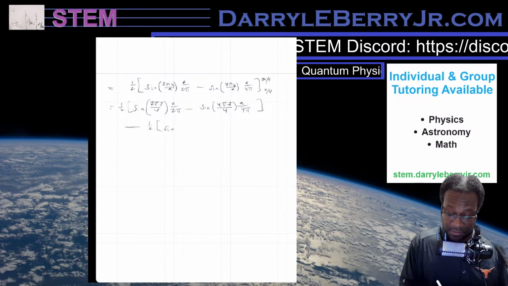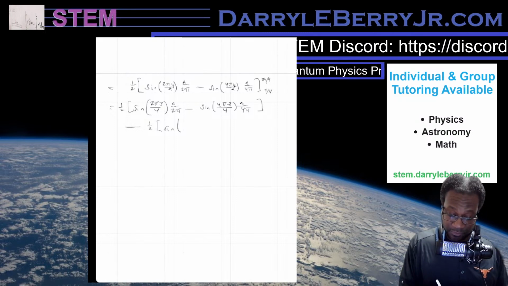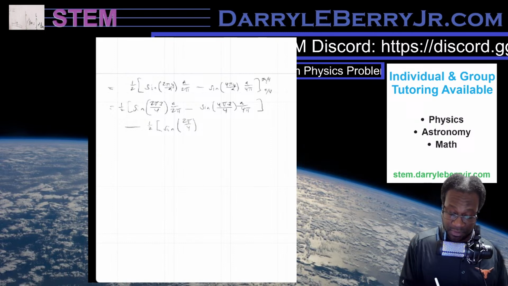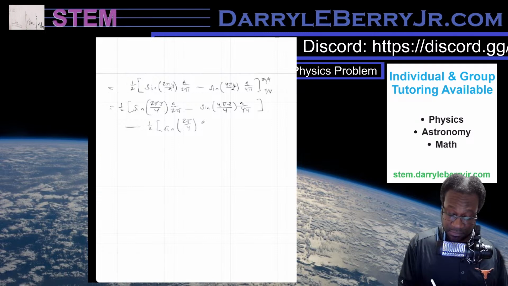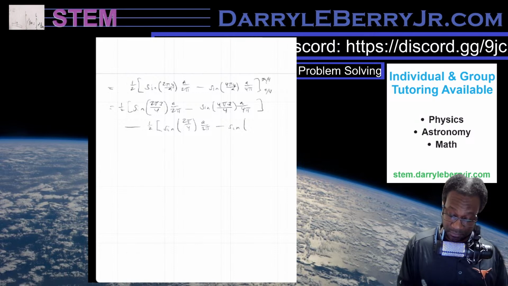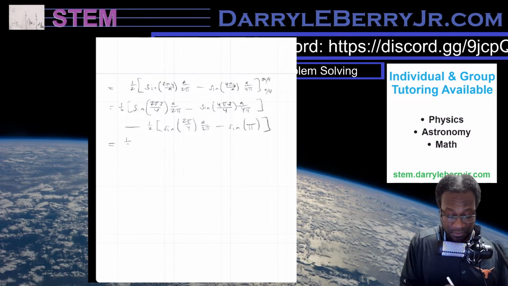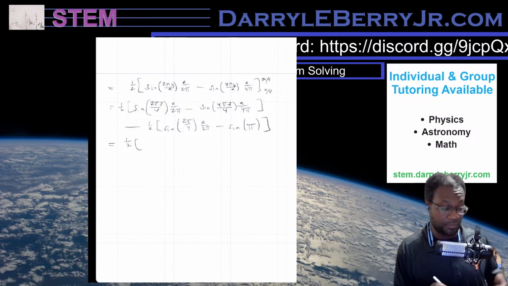So this is just a over 4, 2 pi over 4, minus sine pi. So this equals 1/2.